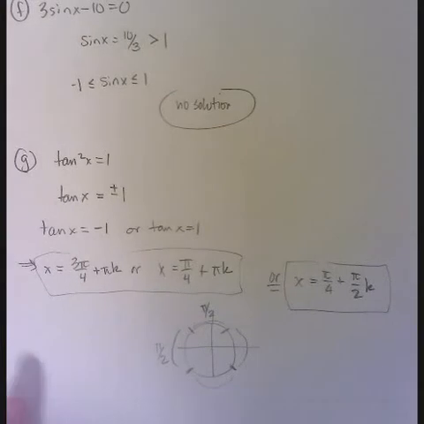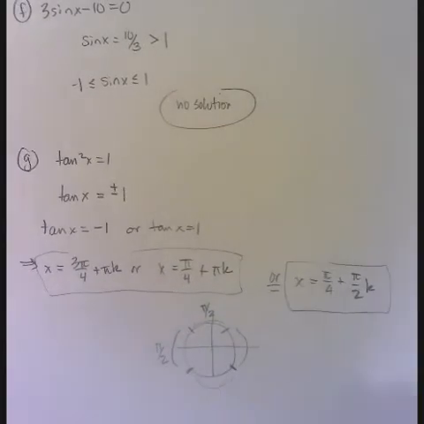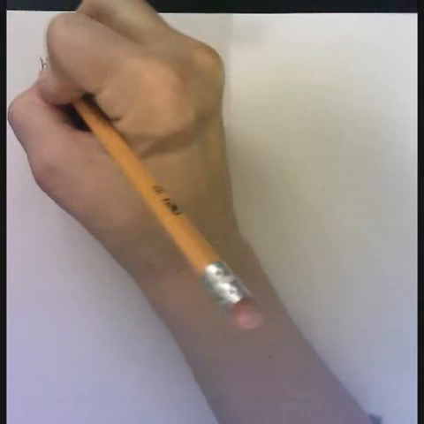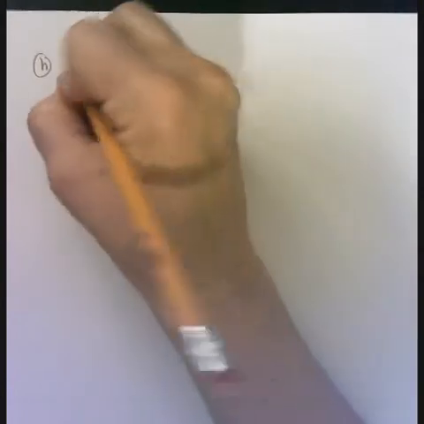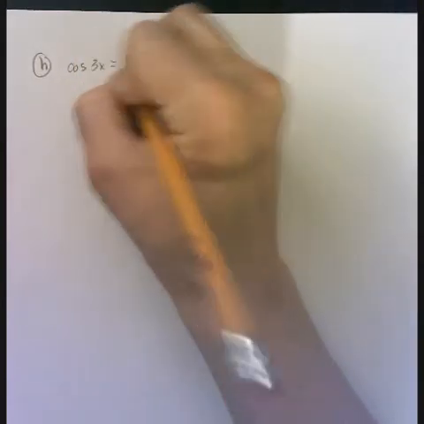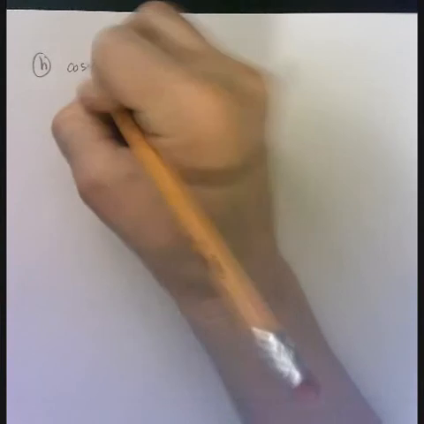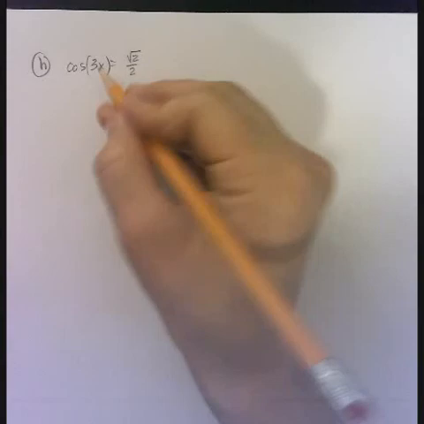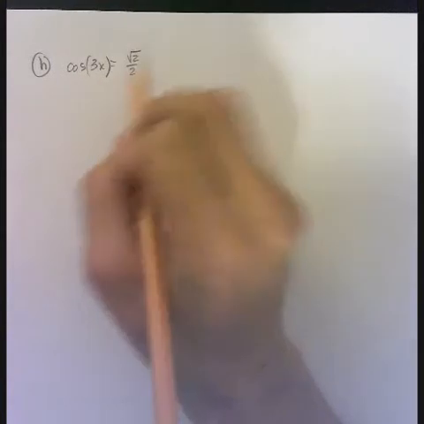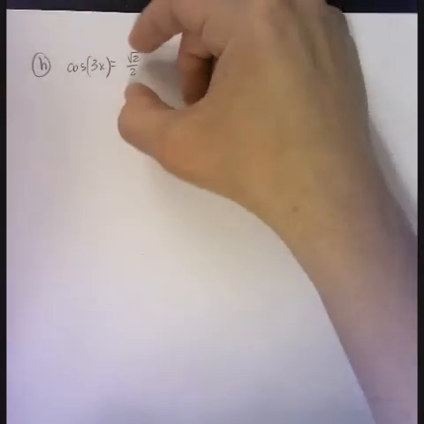These are a little harder because of the period change. Cosine of 3x equals square root of 2 over 2. So no, you can't divide the 3 out of there or anything like that. You have to work with this 3x. So if this number in here is pi over 4, or 7 pi over 4, right?